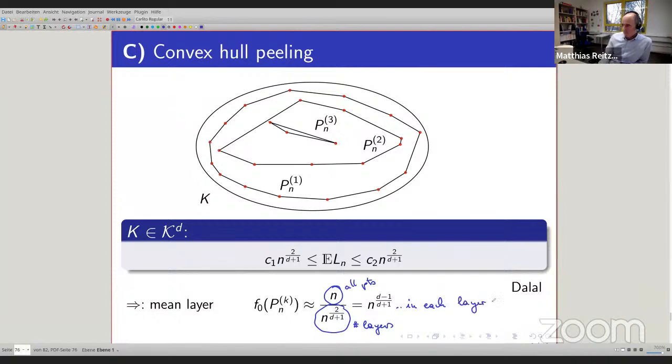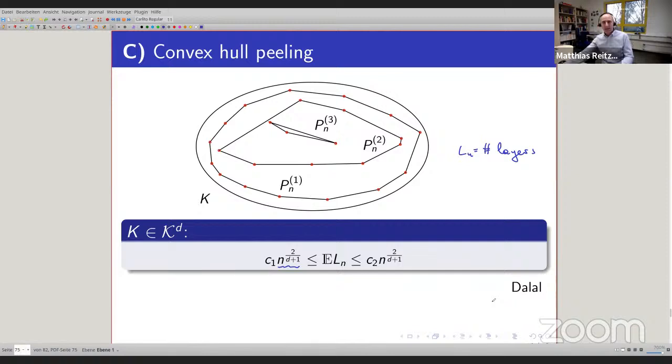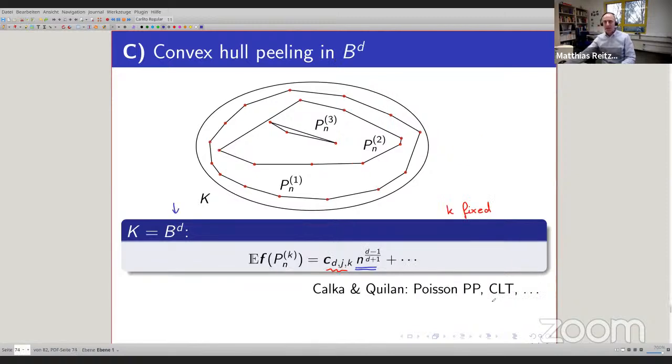In the mean, you have n points, n to the power 2 over d plus 1 layers. So this is what you expect. So the number of vertices in each layer should be something like n to the power d minus 1 over d plus 1. And this is precisely the result of Kalke and Quian, only for the first k layers.